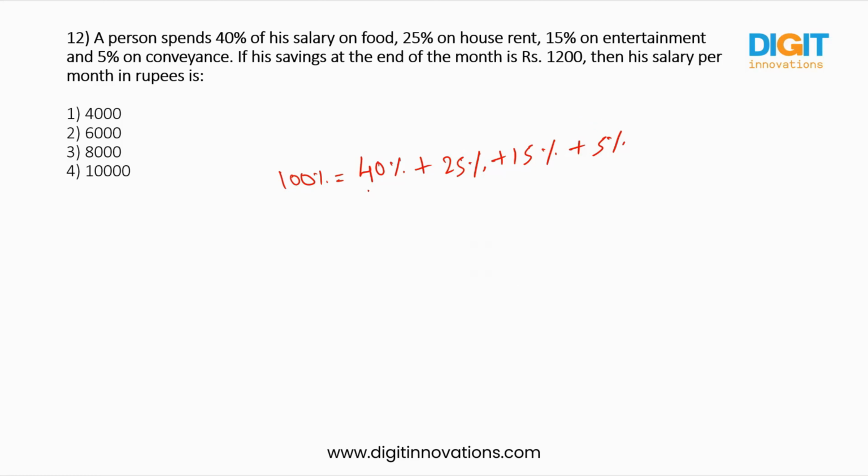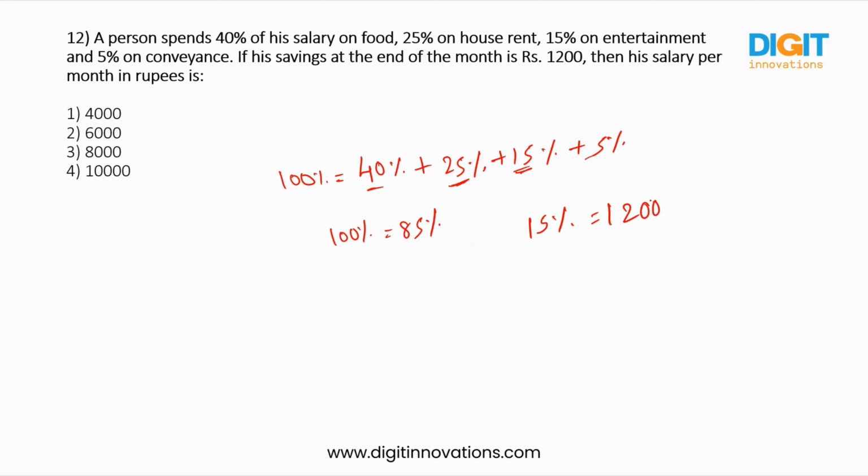So in this, how much is completed? 40, 65, 80, 85. So in this 100%, 85% is completed and the remaining 15% is savings.